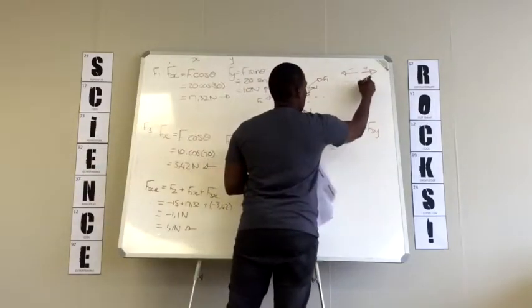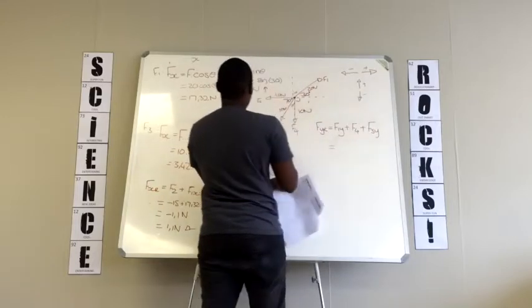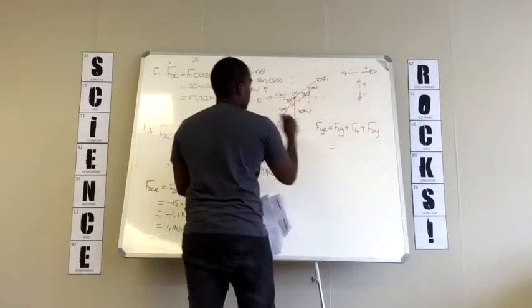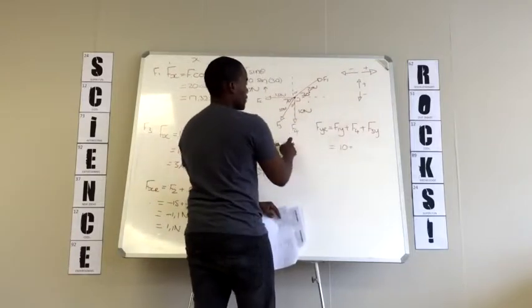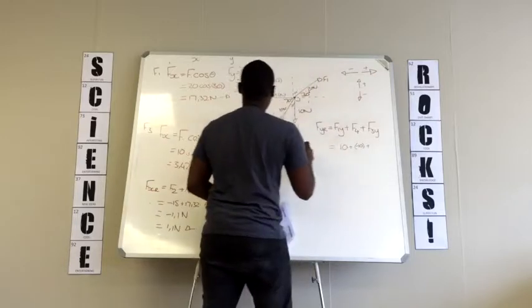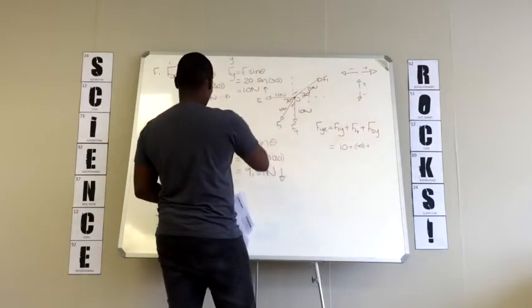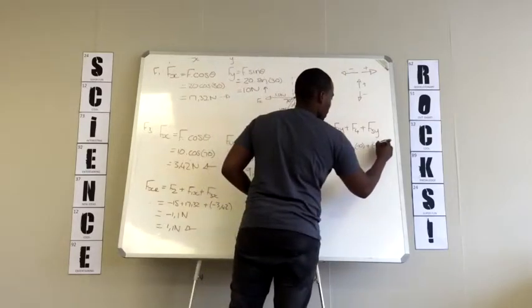In this case, I'm going to say up is positive and down is negative. So F1y is 10 newtons upwards, plus F4 is 10 newtons downwards, that's a negative 10, plus F3y is 9.39 newtons downwards, so negative 9.39 newtons.